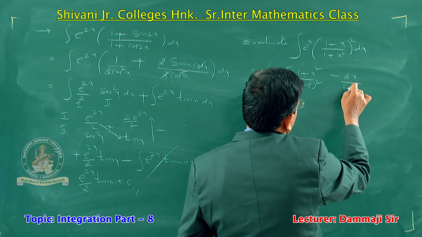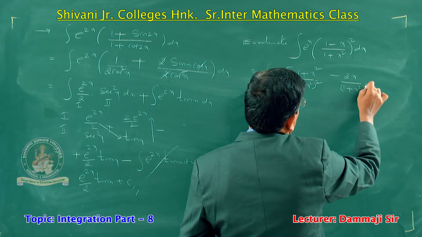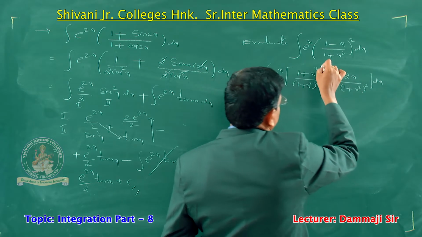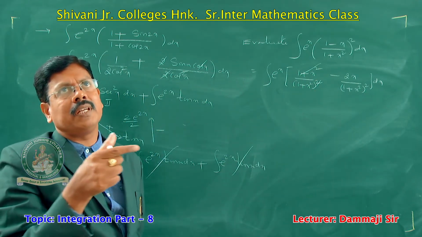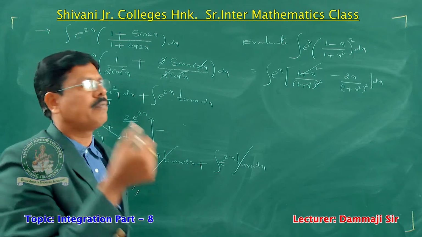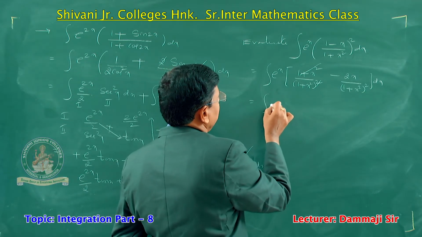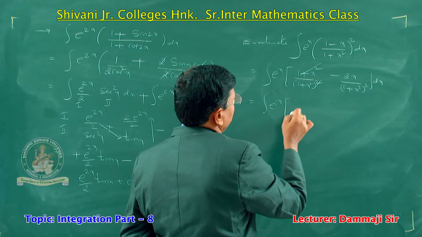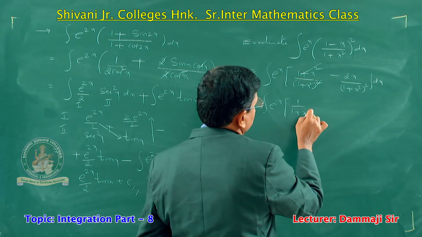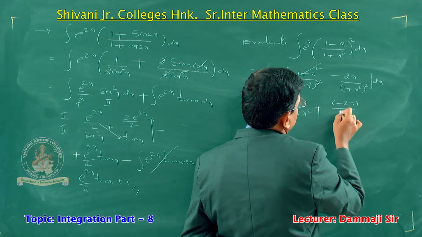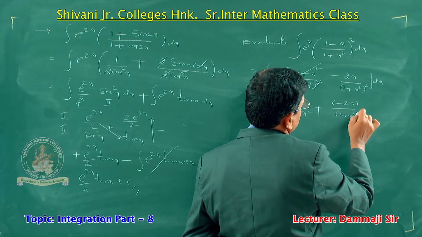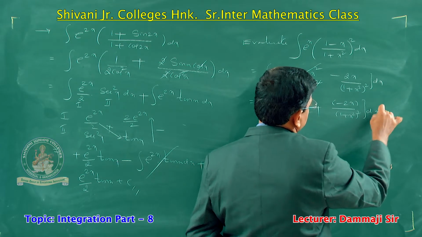Next, we will prepare one more step, the formation f of x plus f dash of x. So e power x of 1 by 1 plus x square plus minus 2x by 1 plus x square whole square dx.